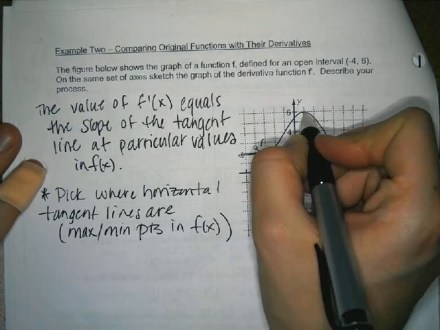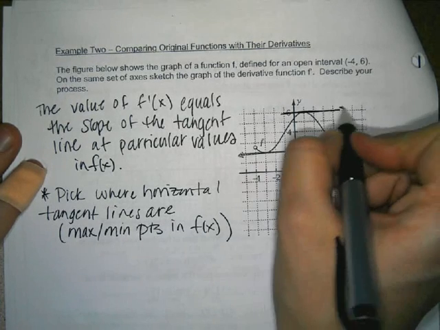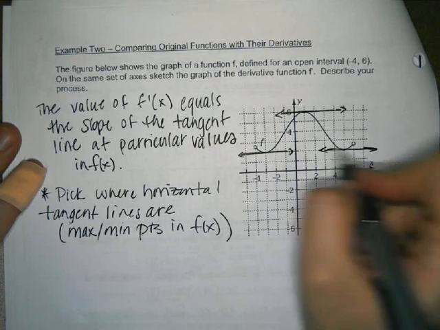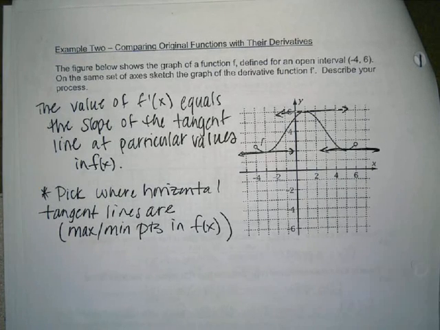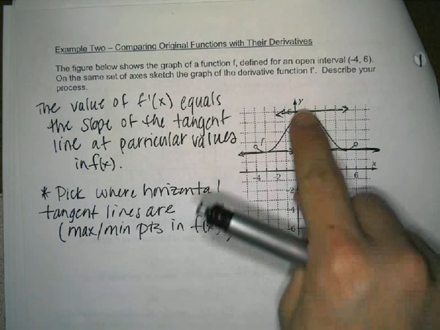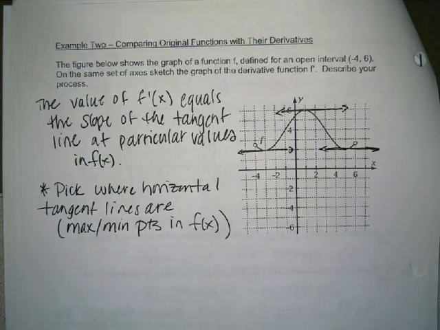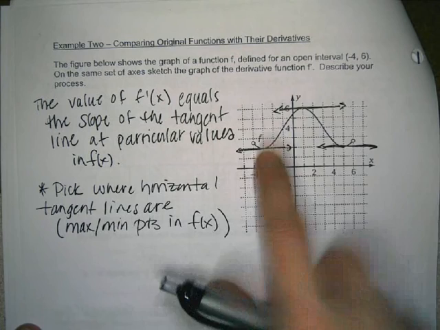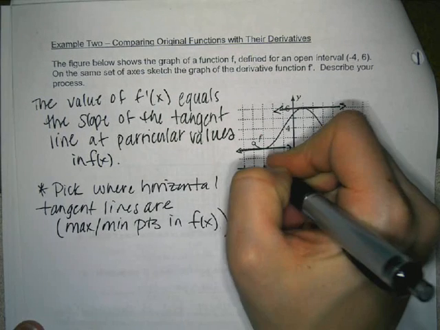So we have 3 of them. Now, remember the derivative is the slope of the tangent line. If the tangent line at these 3 points is a horizontal line, what's the slope of a horizontal line? 0. So if we were plotting the derivative graph, then at -3, the value of the derivative would be 0.